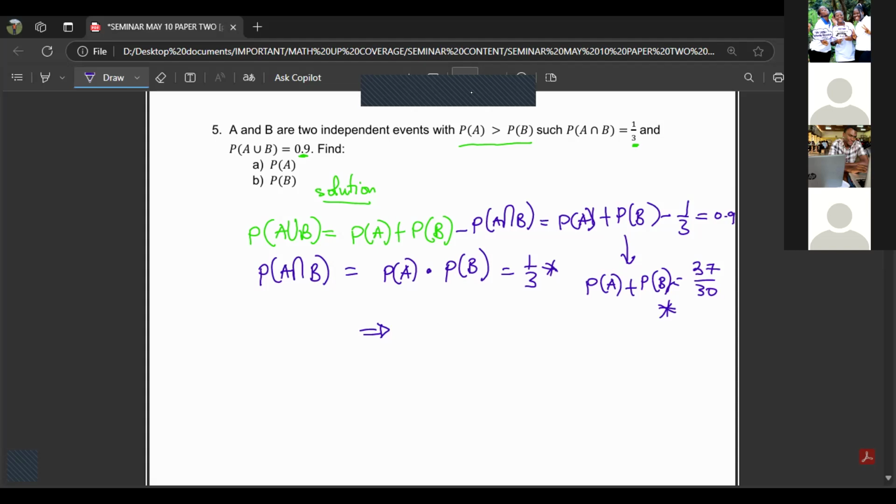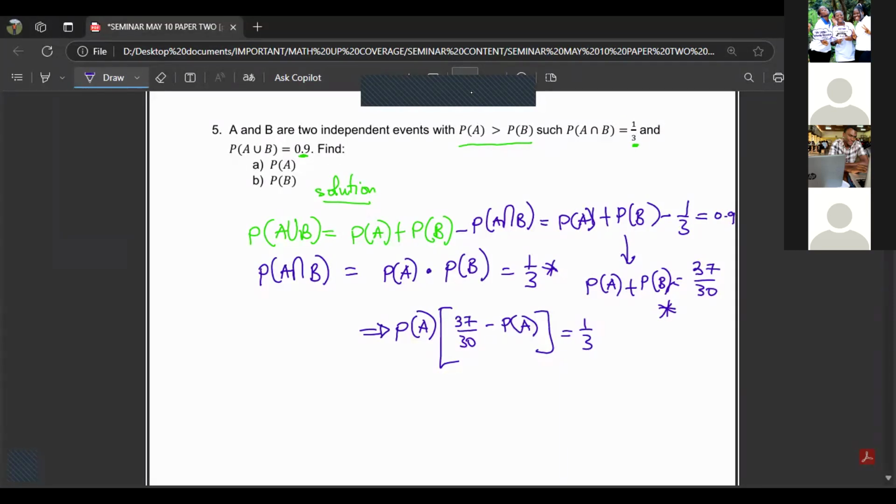So from this, we can have that the probability of A times the probability of B, which is the same as 37 over 30 minus the probability of A, is equal to a third.